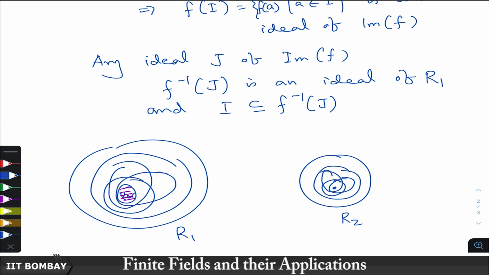So, there is a one-to-one correspondence: this corresponds to this ideal, this corresponds to this ideal, and so on.